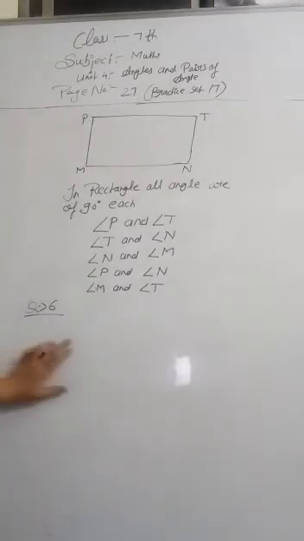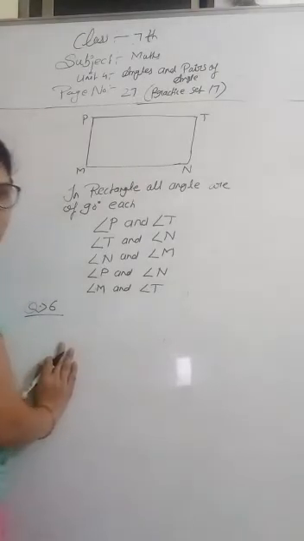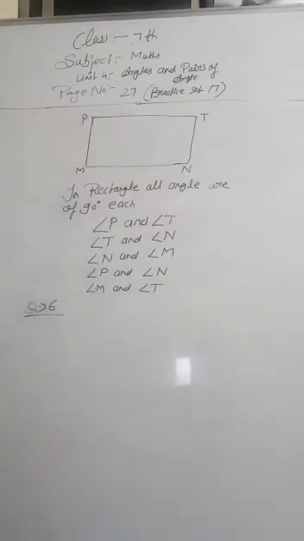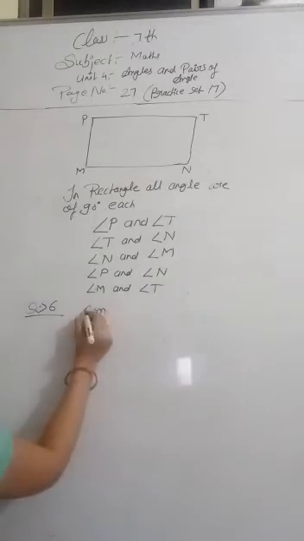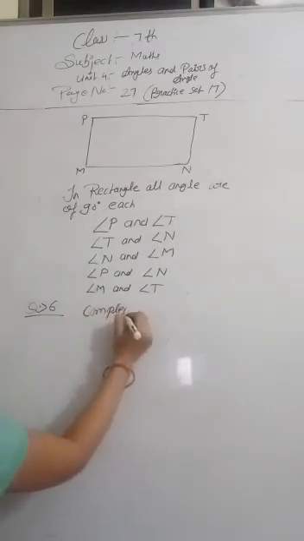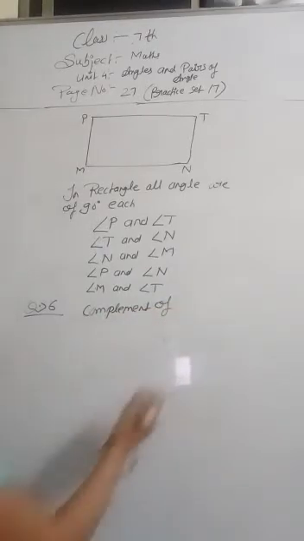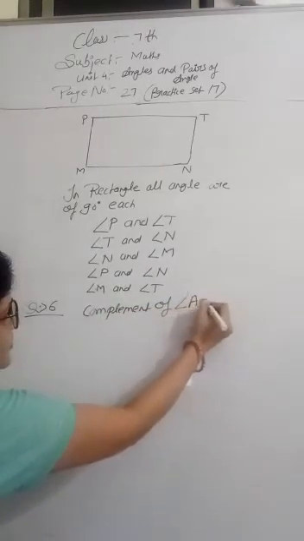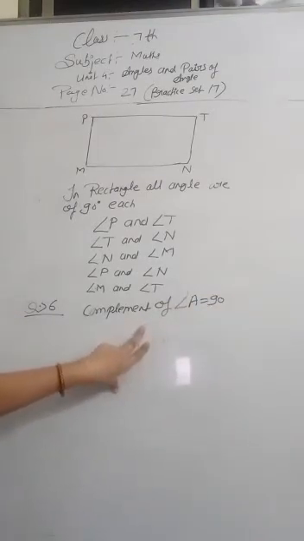First we will find the complement of angle A. Complementary angles: the sum of two angles is 90 degrees.